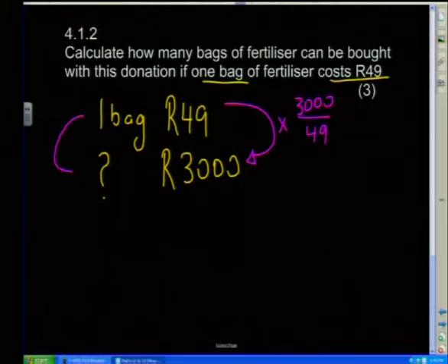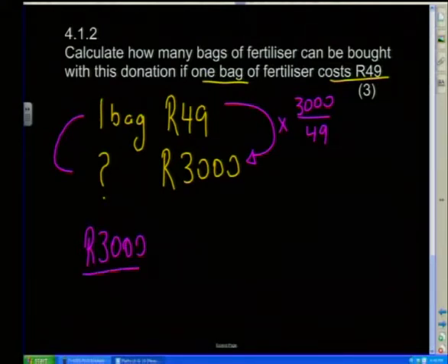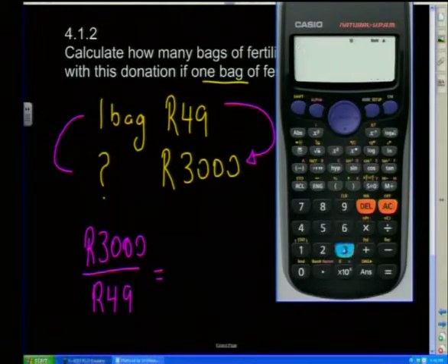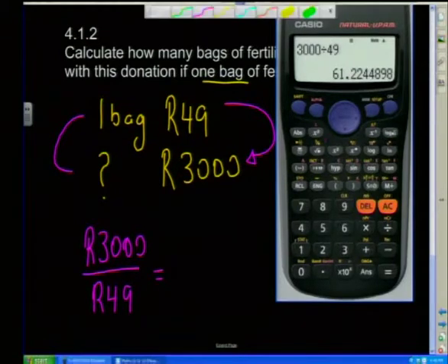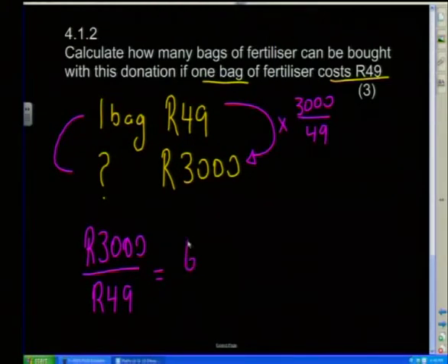So we're going to say 3,000 Rand divided by 49 Rand is going to get me how many bags we can get. So on the calculator, 3,000 divided by 49, and we get an answer of 61,22. Now in this case, let's write that in, 61,22 bags.